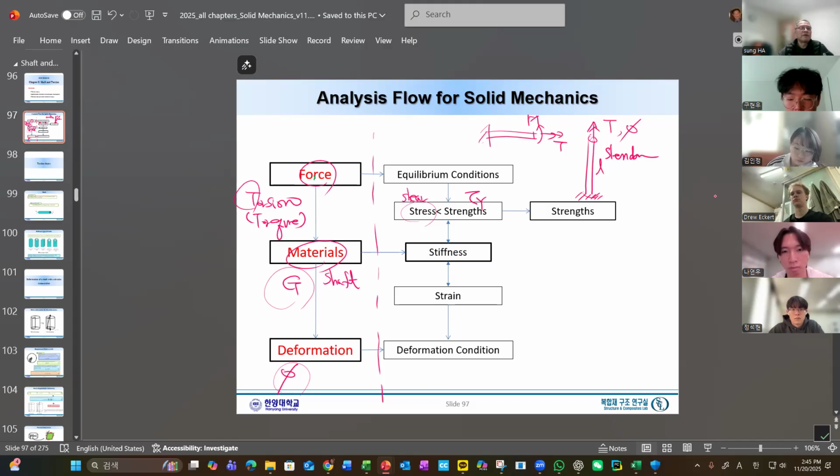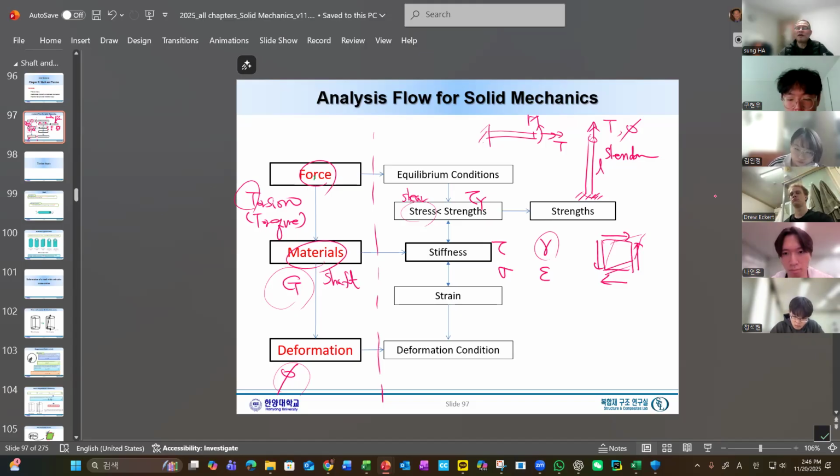And for stiffness, I like to use tau and gamma instead of sigma and epsilon. Tau represents shear like this, and then gamma is important. Gamma is the angle change.